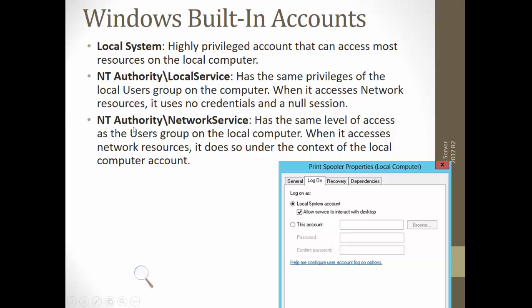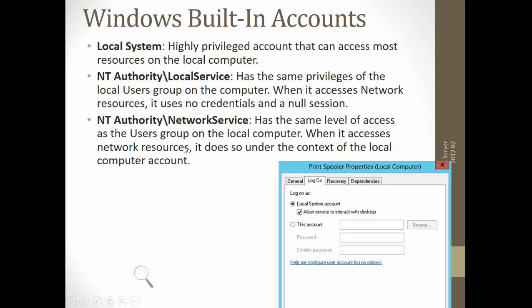Then there is NT authority network service, which has the same level of access as the users group on the local computer. When it accesses network resources, it does so under the context of the local computer account. So it has to connect through that local computer account to access the network services of the local computer.